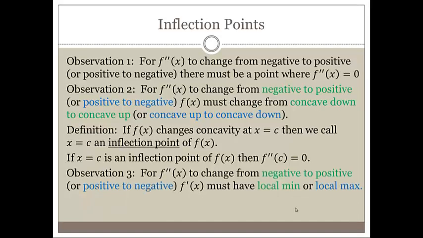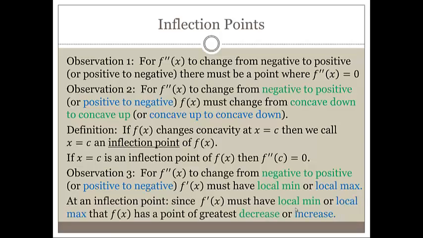Let's now incorporate our last observation. We saw that if f double prime of x changes from negative to positive or positive to negative, that f prime of x must have a local max or local min. This means that at an inflection point, since f prime must have a local max or local min, that f of x has a point of greatest decrease or a point of greatest increase.